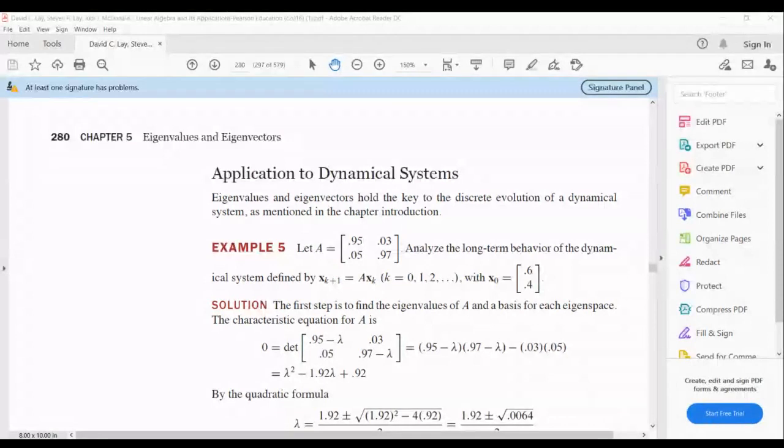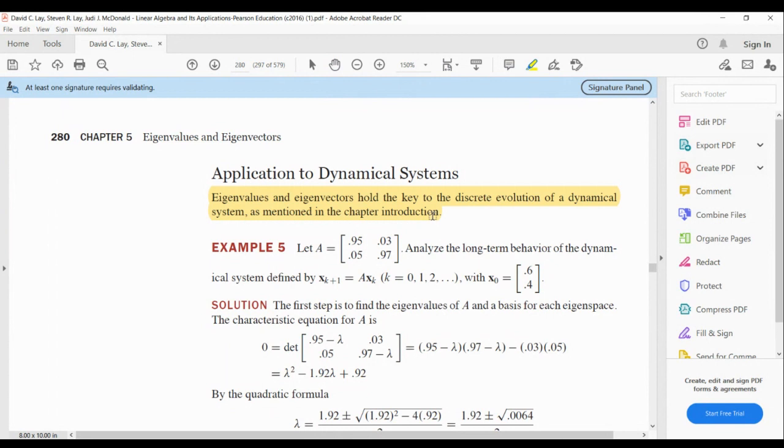There's also, they talk about applications to dynamical systems. And this is something that is of importance to us. Eigenvalues, this is again section 5.2. Eigenvalues and eigenvectors hold the key to the discrete evolution of a dynamical system, as mentioned in the chapter introduction.